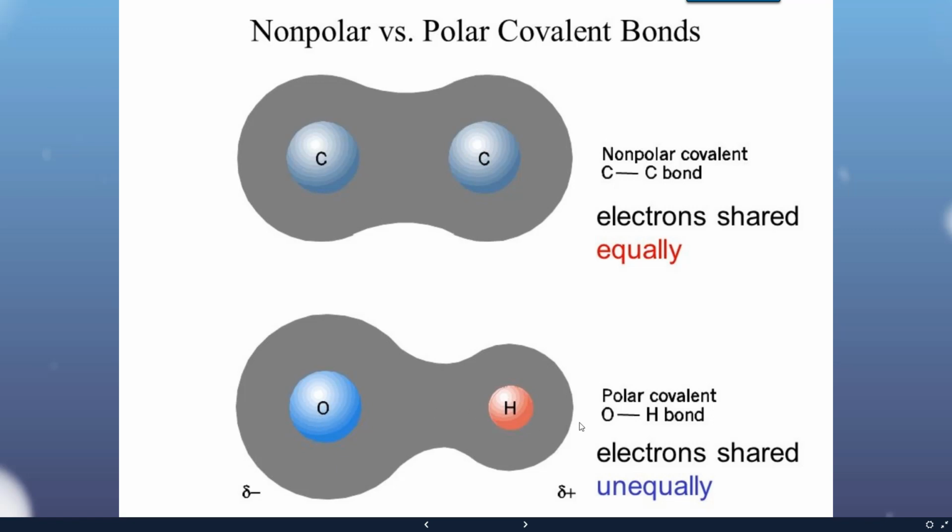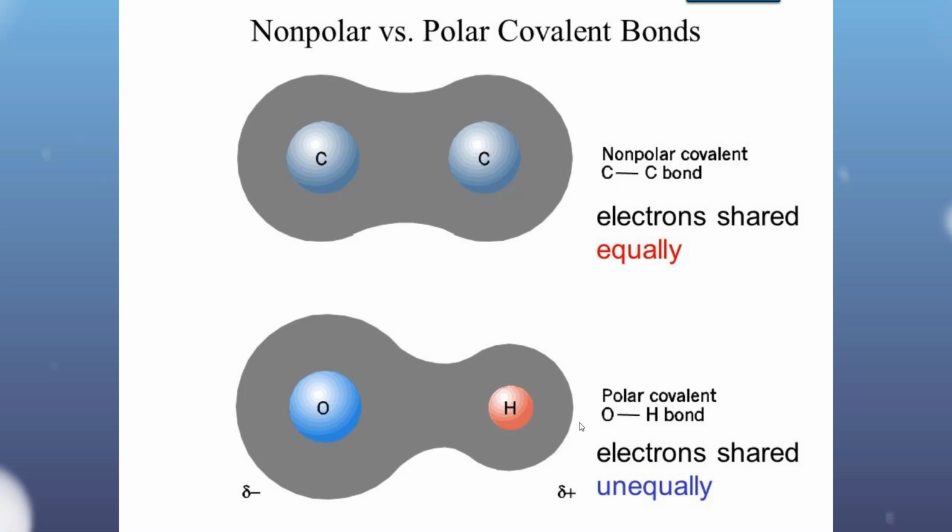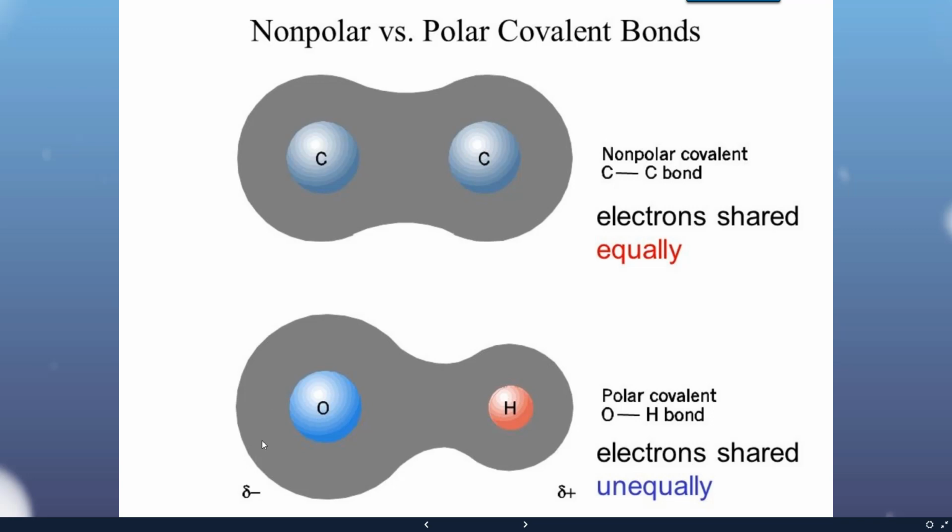In the figure below, we see a bonding between oxygen and hydrogen. This we term a polar covalent bond because the electrons are shared unequally, which means they tend to spend more time around this oxygen atom than they do the hydrogen. The reasoning behind that is that they're both just sharing one electron, but they have a different number of protons within their nucleus.